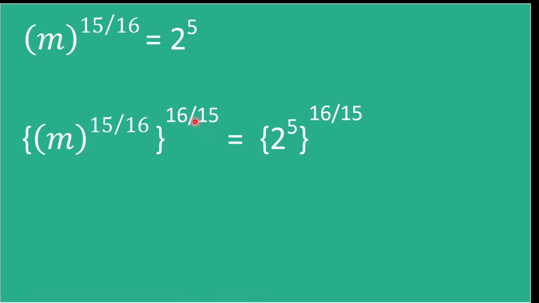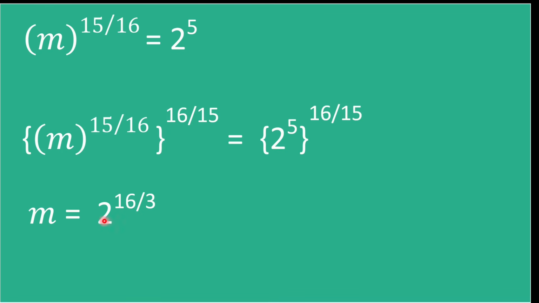So we will take power 16 divided by 15 on both sides. Here this 15 will cancel this 15, and this 16 will cancel this 16. So here we will have m power 1, and similarly here, this 5 and this 15 will cancel, and it will become 16 divided by 3.